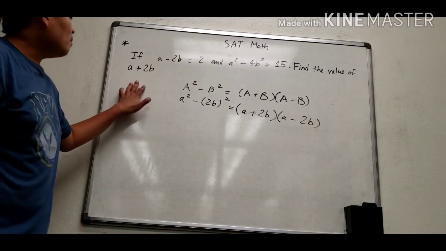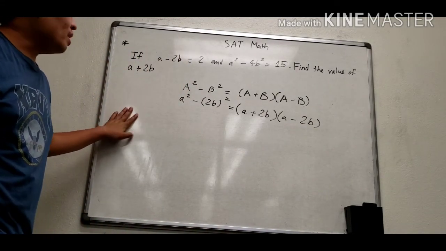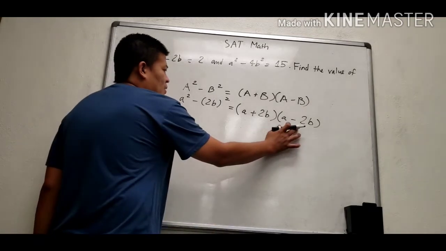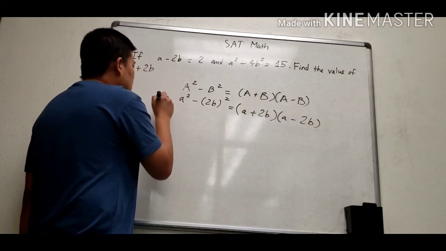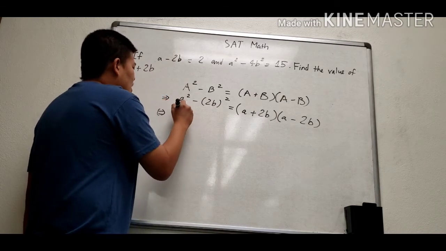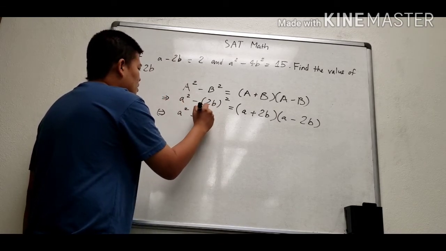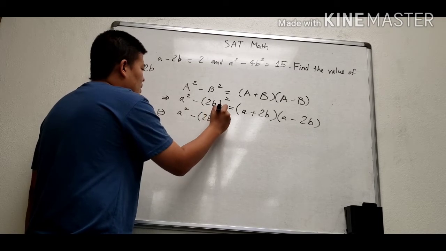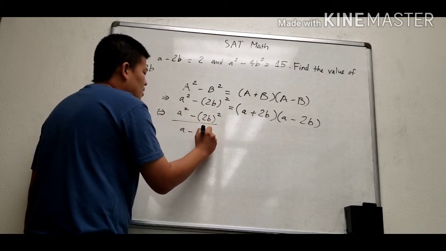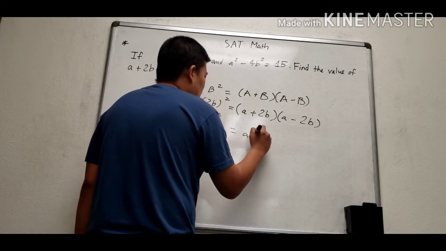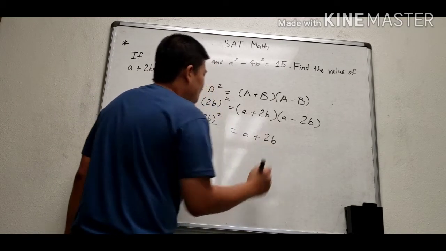So they ask to find a plus 2b. So we divide both sides by a minus 2b. So you get a power 2 minus 4b power 2 divided by a minus 2b equal to a plus 2b.